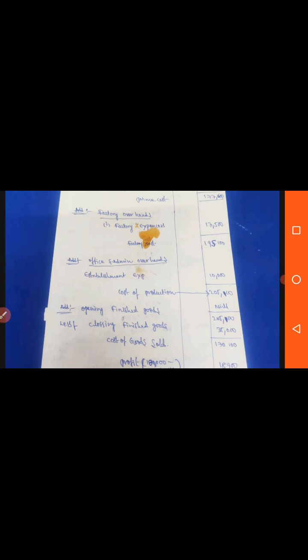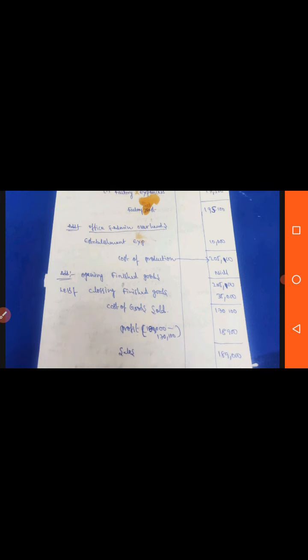We do not have opening finished goods, so the balance is nil. So the total amount remains the same, 2,05,100. Less closing finished goods, 35,000 as in our textbook. So 2,05,100 minus 35,000 equals 1,70,100. This is the cost of goods sold.